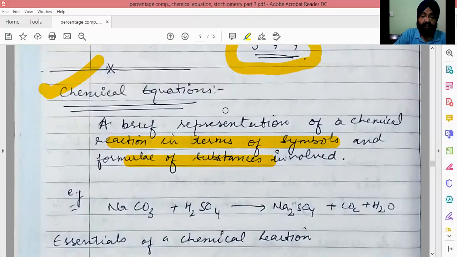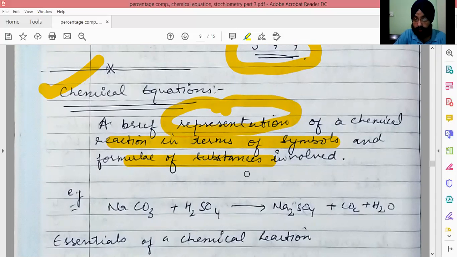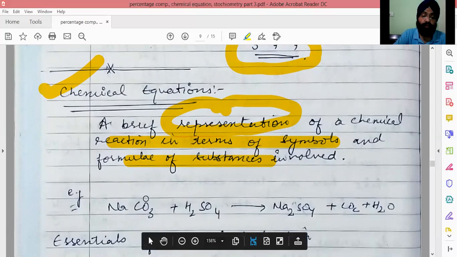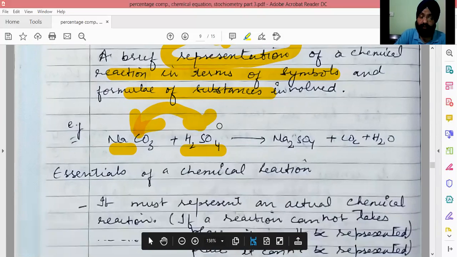It is the representation of an actual reaction, not of hypothetical situations. Two or more substances reacting with each other, expressed with the help of symbols and formulas, is termed a chemical equation.